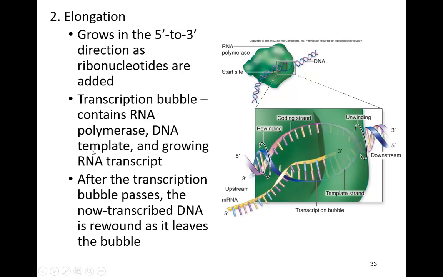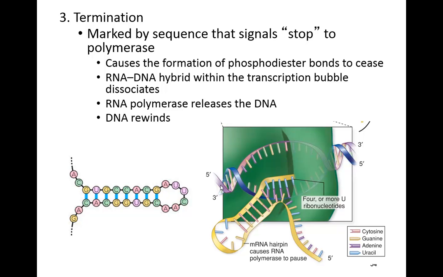You add a new one, and this creates a transcription bubble where the DNA is unwound and transcription occurs. Once the bubble passes, the DNA rewinds and rebinds together, and the messenger RNA continues to lag behind that bubble.